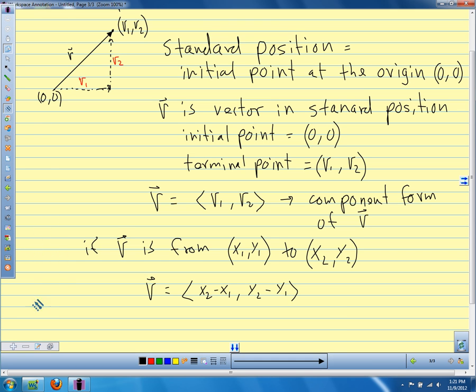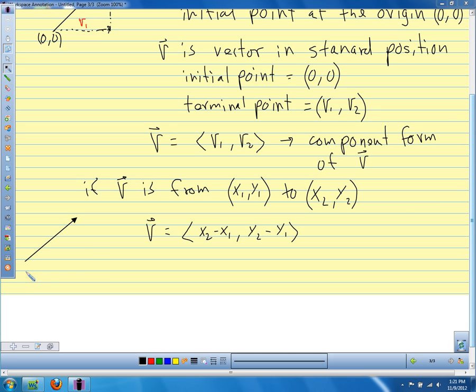So here's my vector. What we're talking about here is that my initial point is x1, y1. And my terminal point is x2, y2.